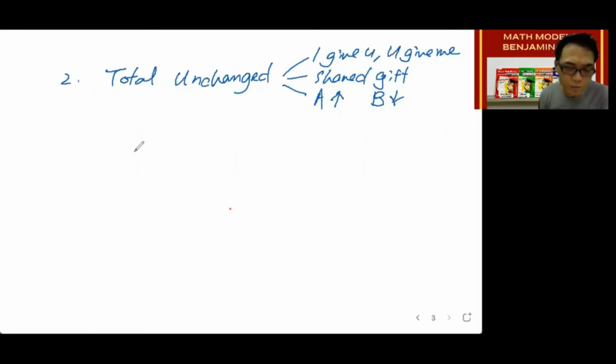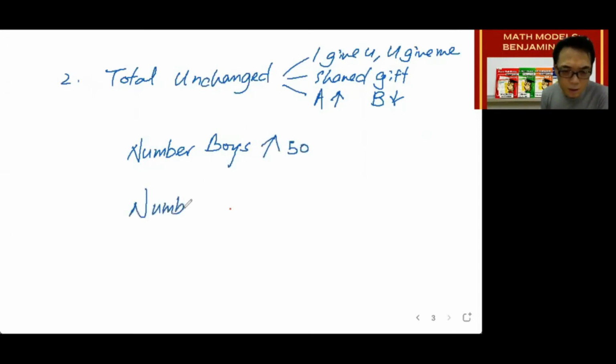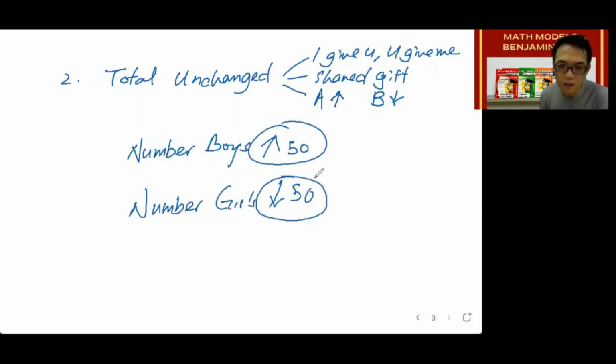So for example, if the number of boys, taking our previous example of boys and girls, was to increase by 50 in a hall, and the number of girls was to decrease by 50 within the hall, then this increase of 50 will offset the decrease of 50, meaning to say that the ratio remains the same.